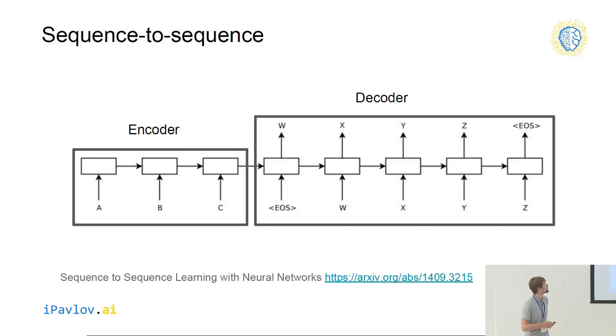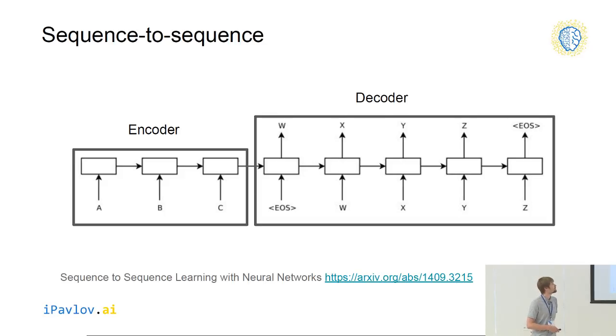Here you can see that encoder takes as input sequence ABC, encodes it to its hidden representation, and then this hidden representation is used in decoder to produce output sequence. Decoding process stops when model outputs end of sequence token or when sequence length reaches maximum value.